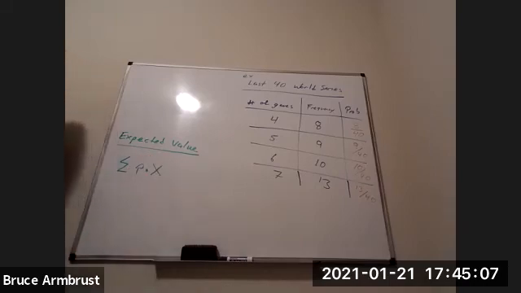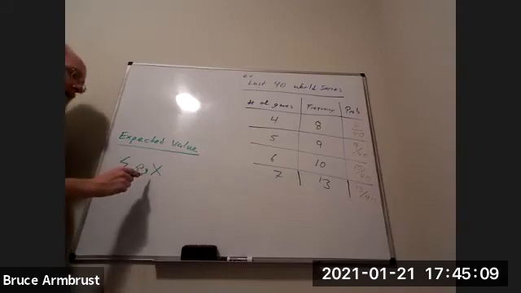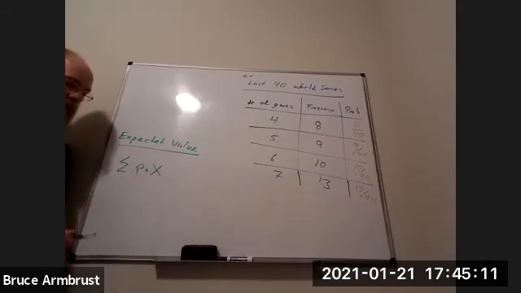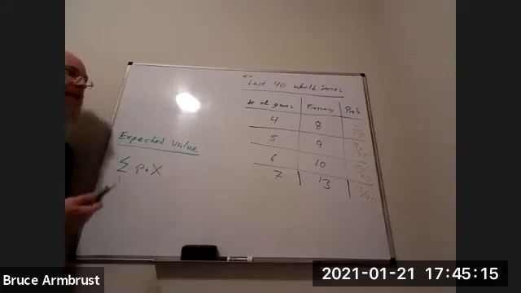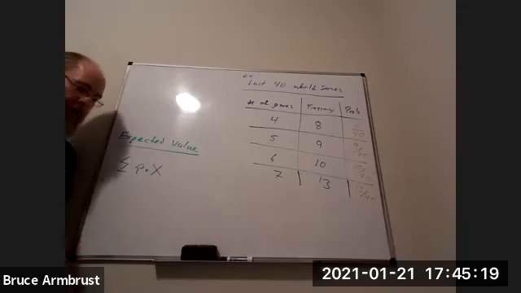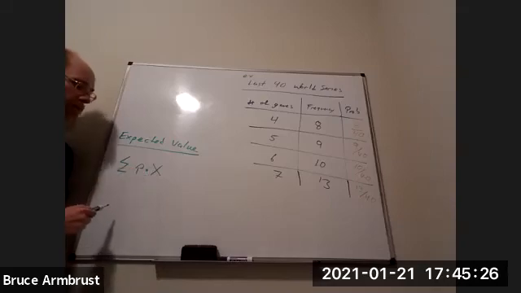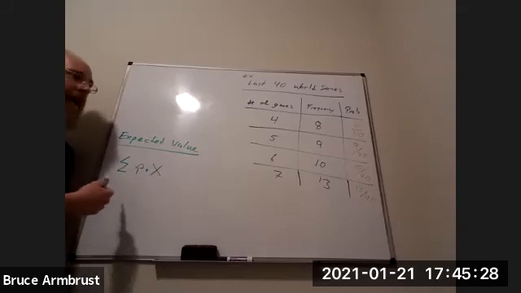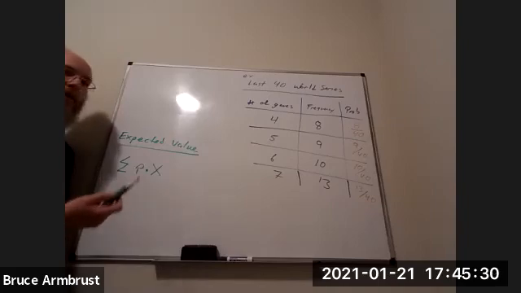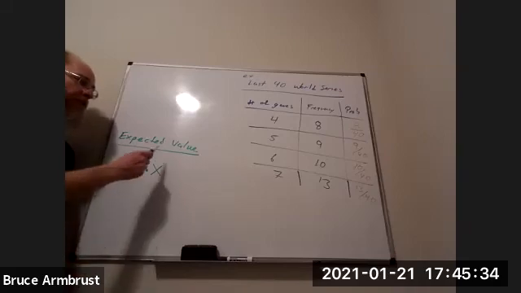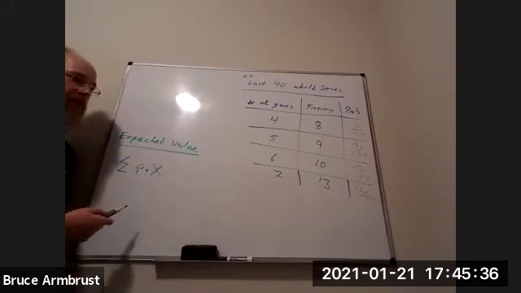So I'm going to write this as the sum of p times x. x is our variable, which in this case is going to be number of heads, number of games, whatever. I'm going to multiply those times their probability and then add them all up. This is the definition of the expected value.